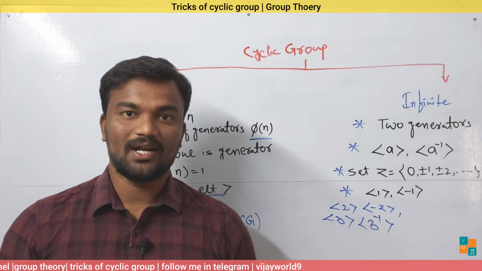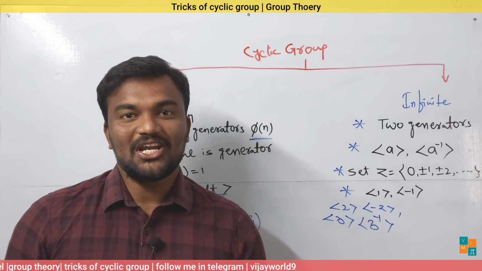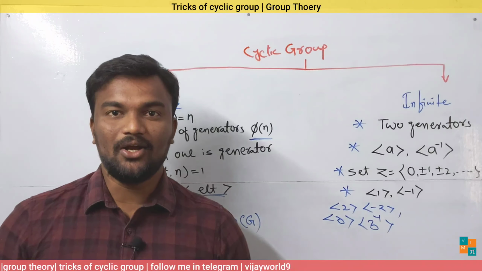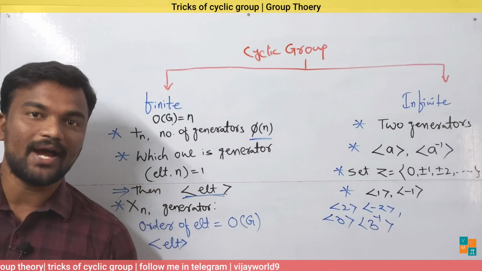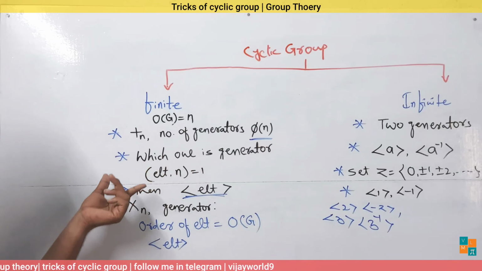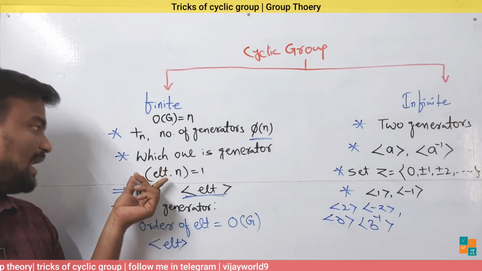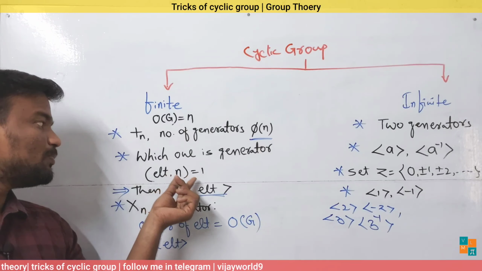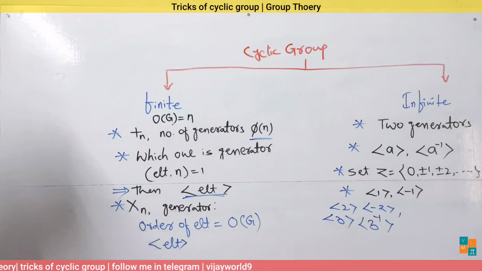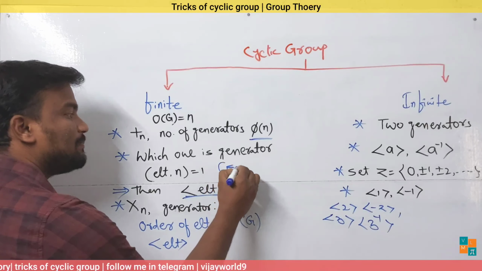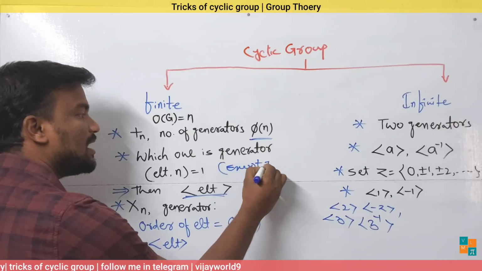But actually what do we require? We require which one is the generator of the finite cyclic group. Let's see here. If the GCD of the element and the order of the group is equal to 1, then that element is a generator of the cyclic group, except the identity element.